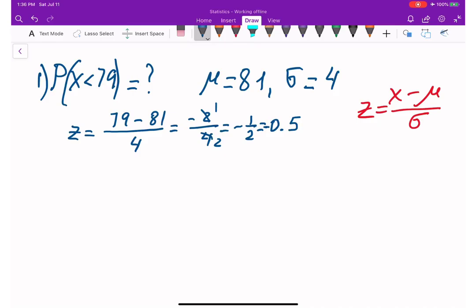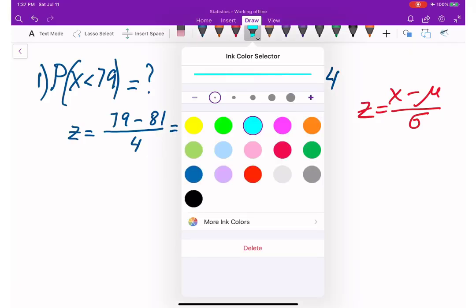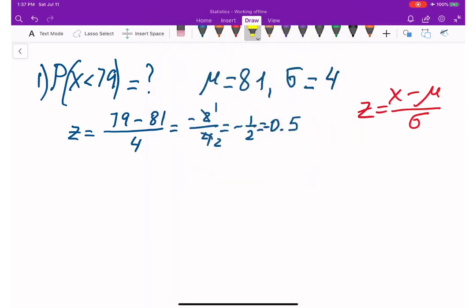Okay, what is interesting, first of all, I want to mention that the table that I'm going to use is representing the probability that is less than, not greater than, because if I have here a normal distribution, the tail can be right tail, the tail can be left tail, and there are tables for right tail, left tail, or tables for between.